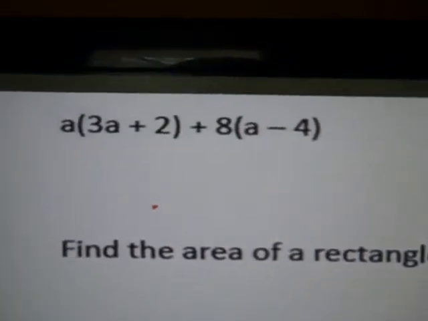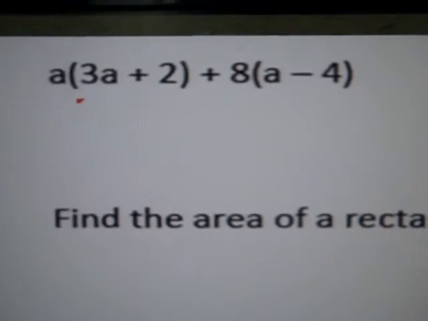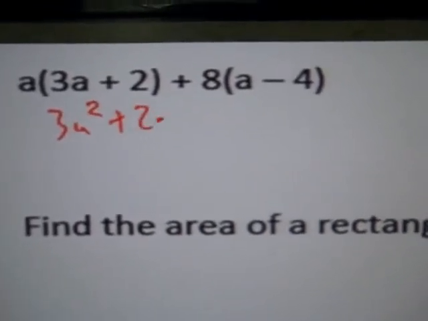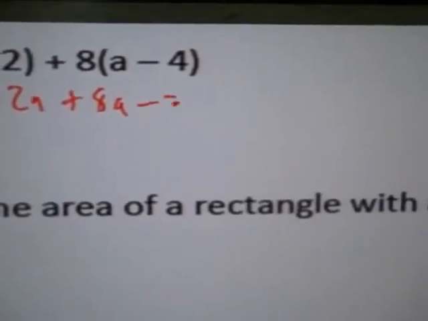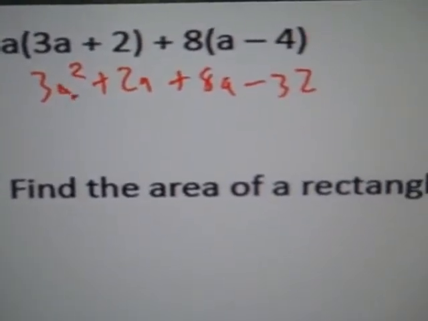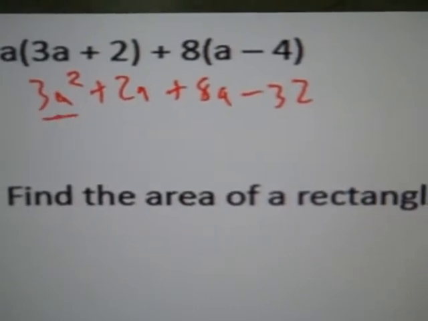Now, an example of cleaning up your problem is, after distributing, in this case I get 3a squared plus 2a plus 8a minus 32. I can combine the like terms. I look for the same variable and same exponent. There's only one a squared term, and that's the beginning one. I leave that alone.